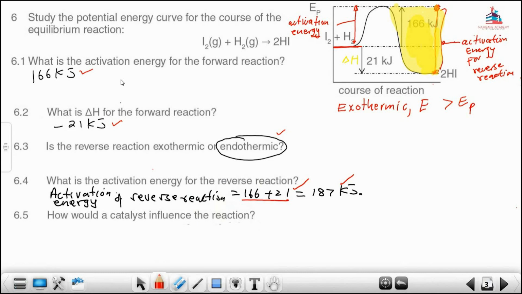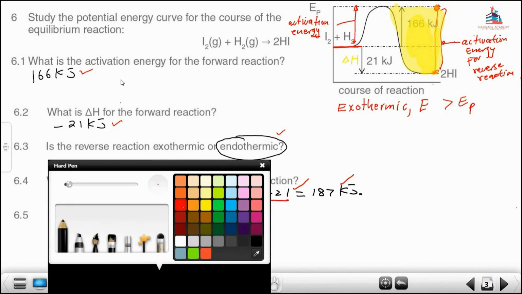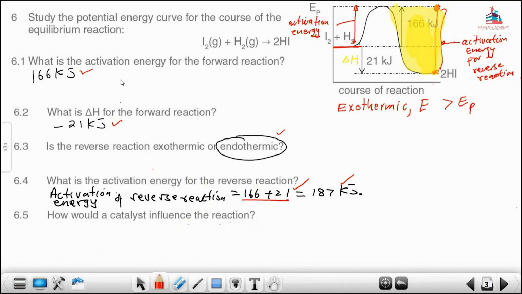How will a catalyst influence the reaction? Now we said a catalyst is a substance that increases the rate of reaction by lowering the activation energy.